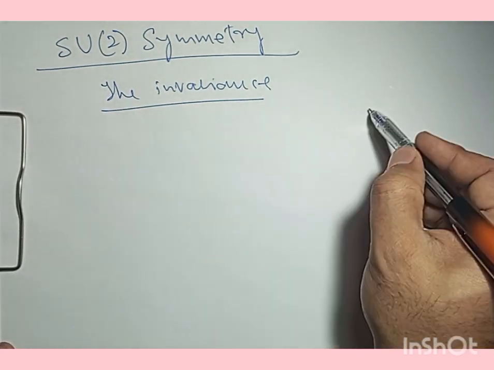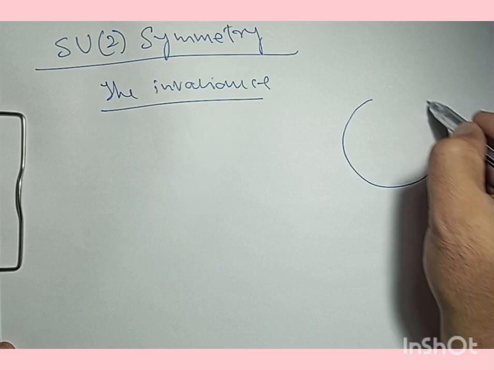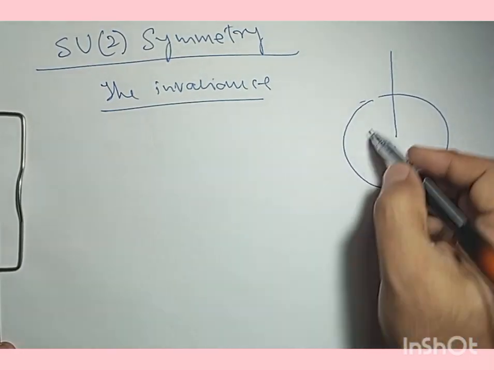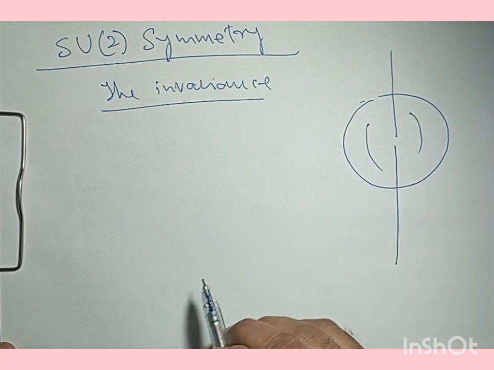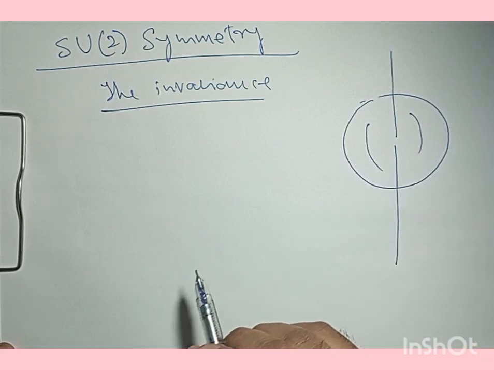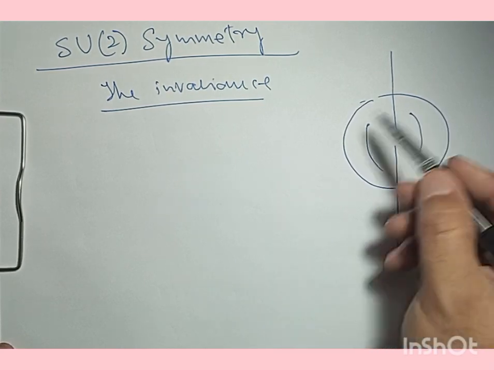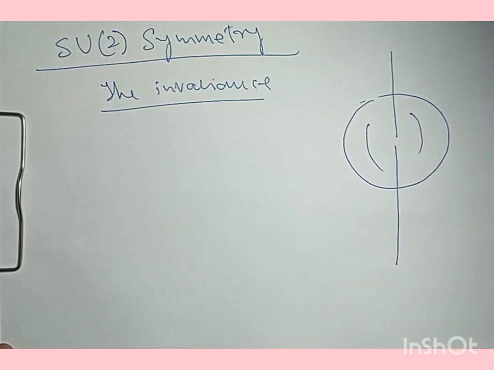For example, if I take a spherical ball and this ball is rotated, this ball will look the same no matter how it is rotated.